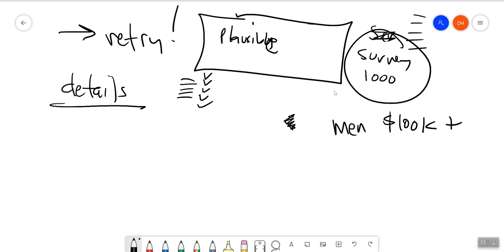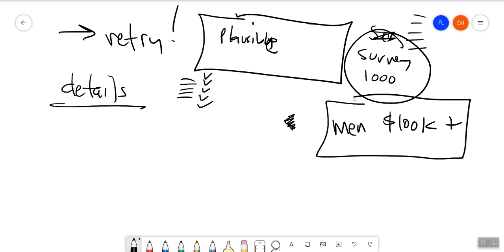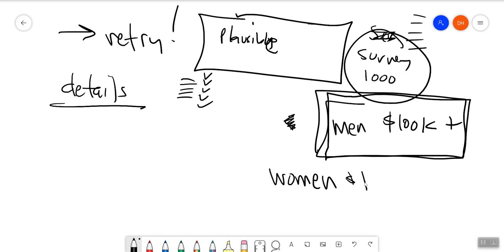Now, if my research project is to study men who make $100,000 or more a year, then that's fine. Then it would make no sense to survey women who make $100,000 or more a year. If my research project is about men, it would make no sense to survey women, and vice versa. So in this sense, the survey would have to list out all the details and demographic data that you used to develop the survey.